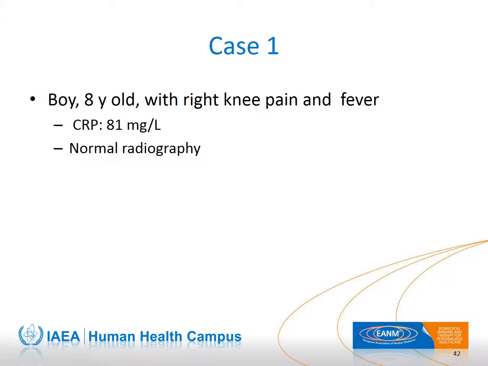Clinical case 1. A young boy is referred for a bone scan because of right knee pain and fever. The C-reactive protein is elevated and plain radiography is normal.